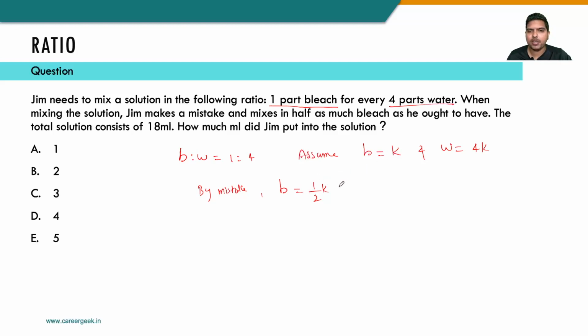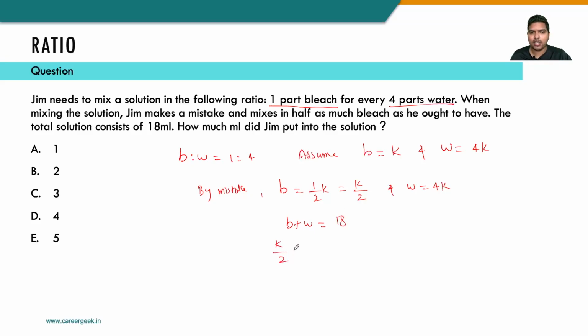So bleach is not k but k upon 2. And nothing is given about water, so water is 4k only. Remember, they have only talked about the bleach being half. The total solution consists of 18 ml. Okay, so this total, which is bleach plus water, is 18 ml.